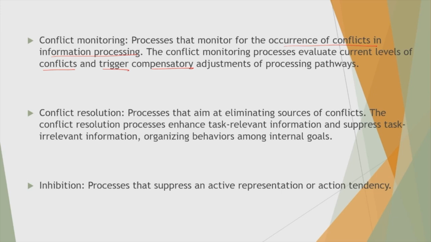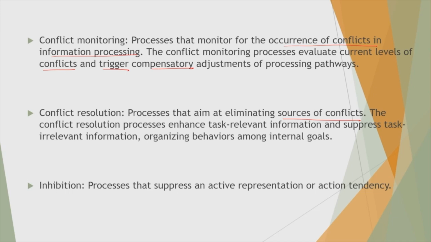So, conflict resolution is a process that aims at eliminating the sources of conflict. The conflict resolution process enhances task relevant information and suppresses task irrelevant information. This is one of the most important aspects of executive function, because sometimes in the environment there might be too many stimuli present.